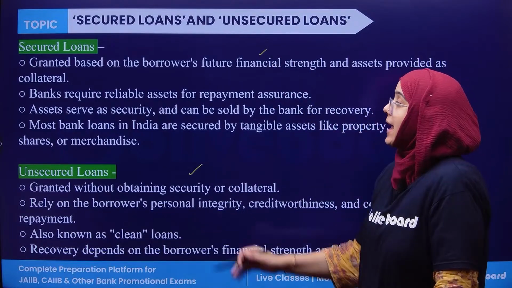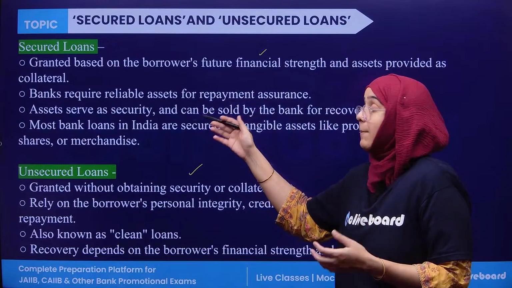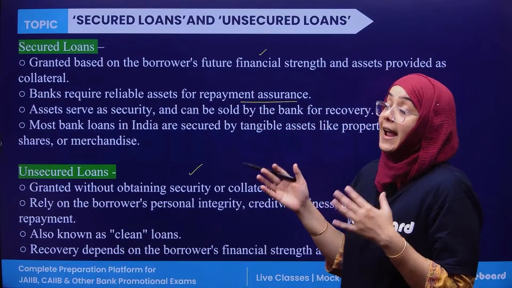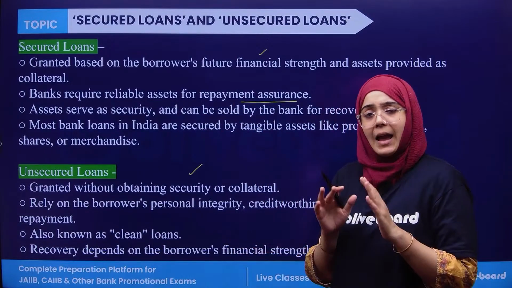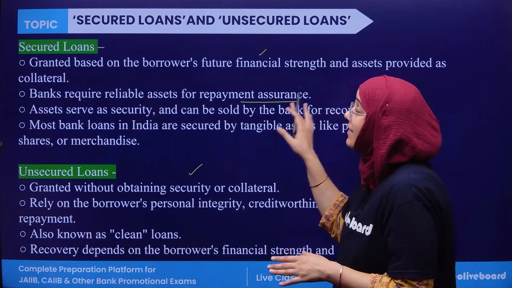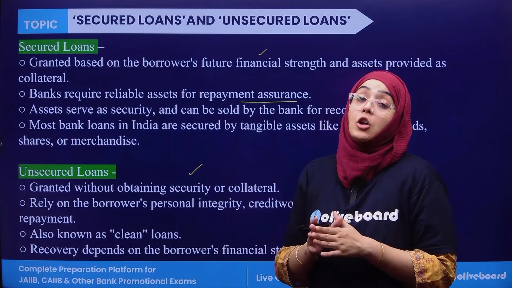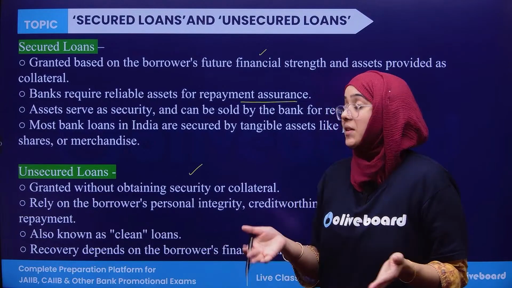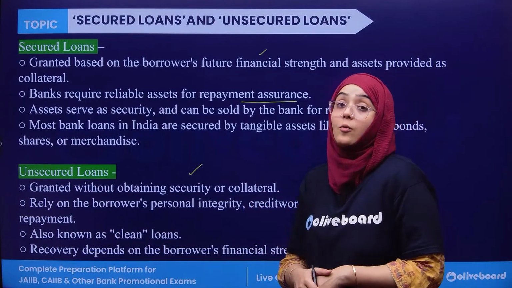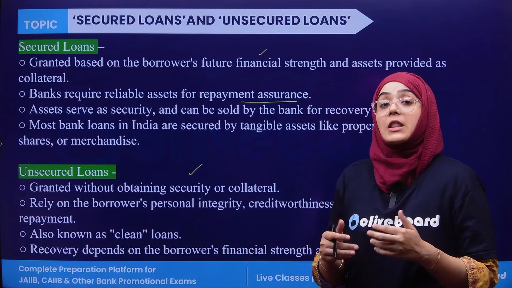The bank has a reliable asset that assures the repayment, and that's why a secured loan is considered less risky. Because it is considered less risky, it attracts a low rate of interest in comparison to the unsecured loan, which is given without any collateral.